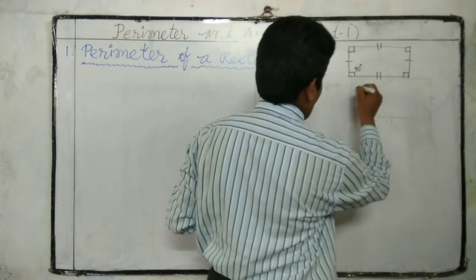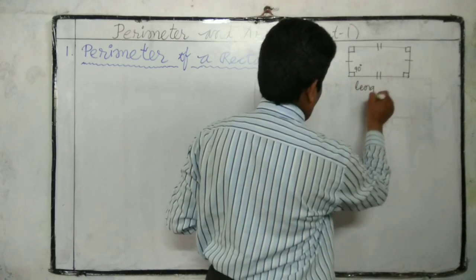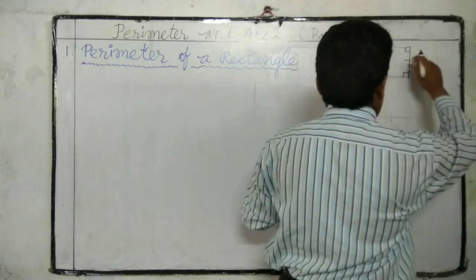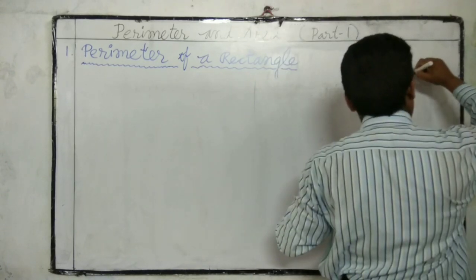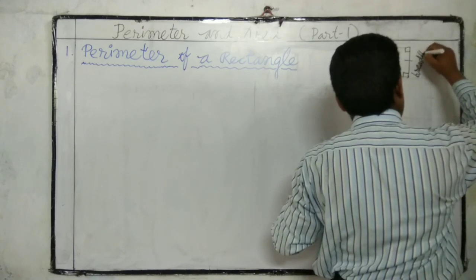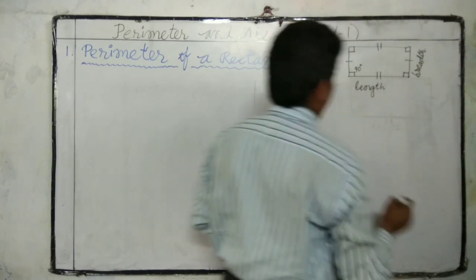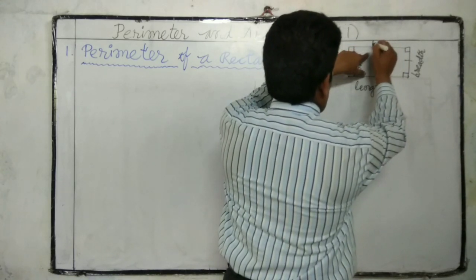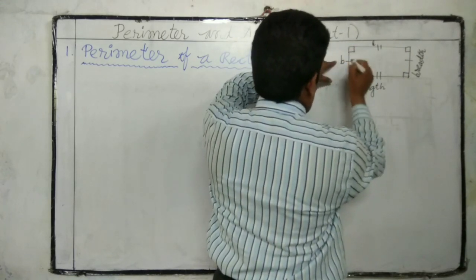This long side is called length. This short side is called breadth. This is also length. This is also breadth.